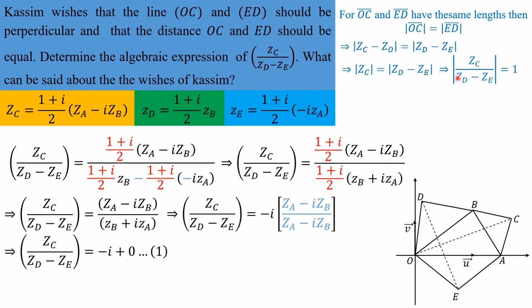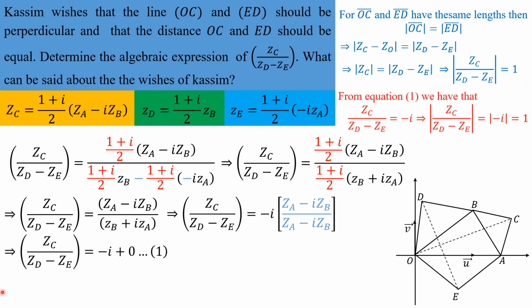Now with that, we can divide both sides by the modulus of ZD minus ZE, and we use the properties of modulus. The modulus of this divided by the modulus of this is the modulus of the ratio themselves. So the right-hand side you just get 1. Now from equation 1, ZC divided by ZD minus ZE is equal to negative i.